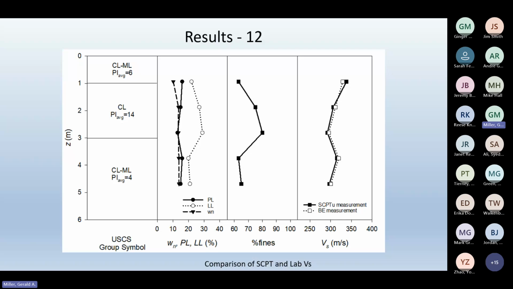And what's critical in the lab measurements is you have to apply confining stress to your sample that simulates the confining stress at that depth in the field. And we did that. Confining stress is critical. If you don't use confining stress that simulates the field, you get totally different results. And some of the data in the literature shows that. So that's an important part of this comparison. Otherwise, it was the same moisture content, samples from the same day, and the comparison was great.